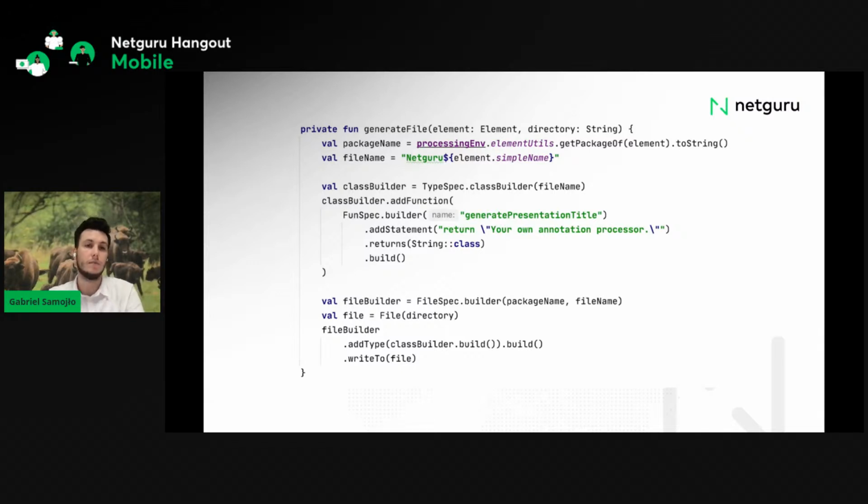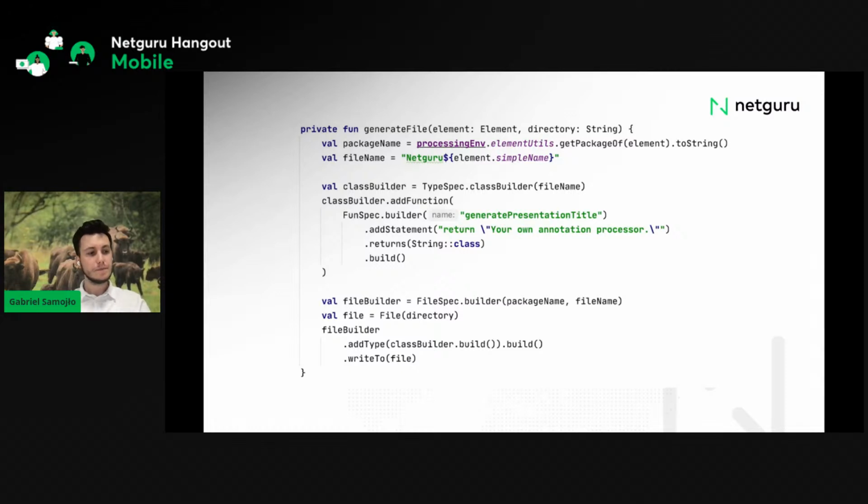You need to check it, but we have this. We can be sure because our annotation is annotated with target annotation, which specifies that we can use it only on the class level. So be aware of that because it can be source of future problems.